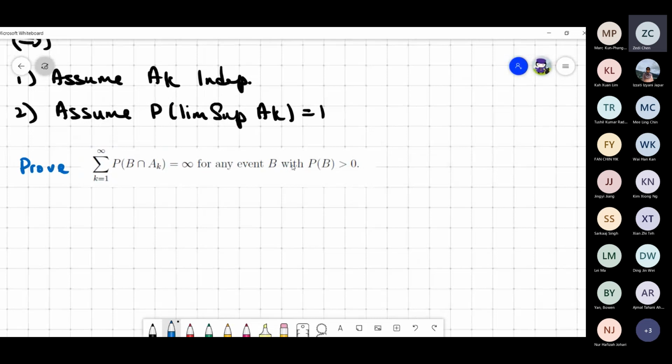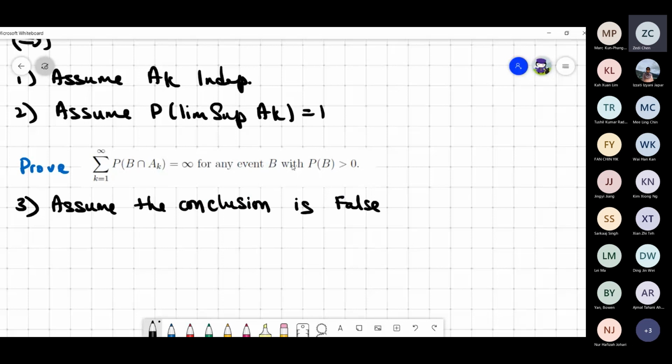This is what we want to prove. So what we can do is prove by contradiction. We assume the conclusion is not correct, is false. So that means we assume this conclusion is not true.